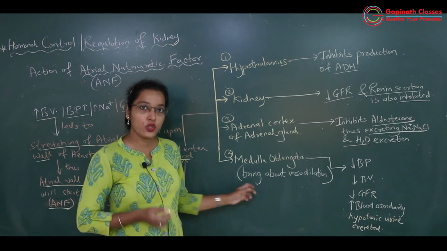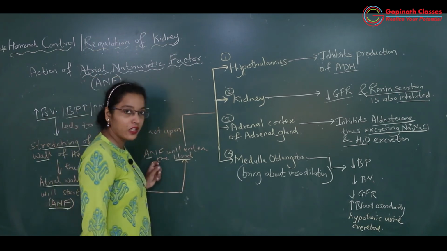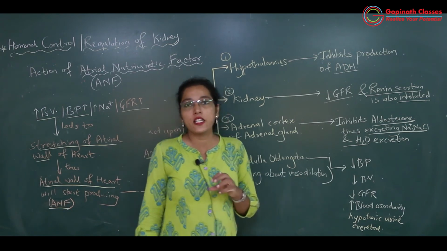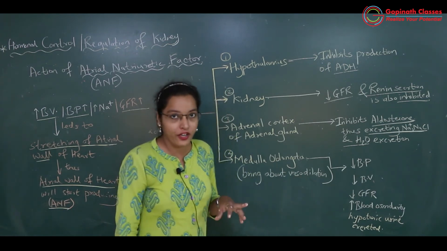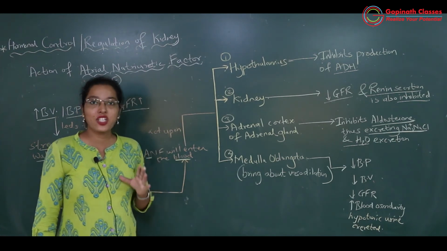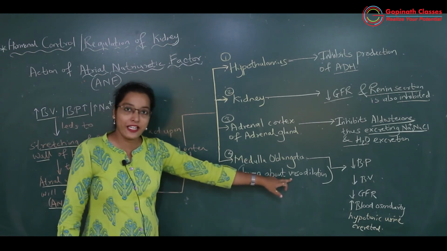Okay, got it? So very important students, atrial natriuretic factor acts as a vasodilator because it is acting over the medulla oblongata, and medulla oblongata in turn increases the lumen of the blood vessels, which brings about vasodilation.